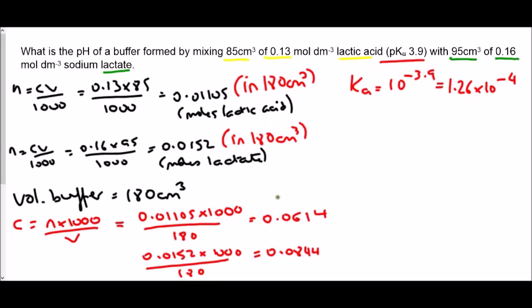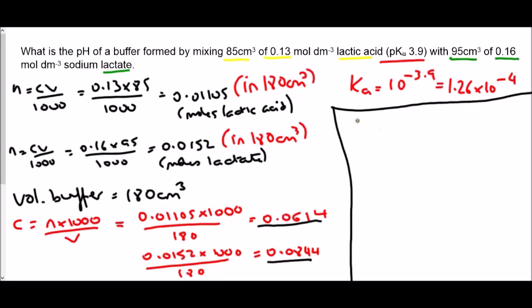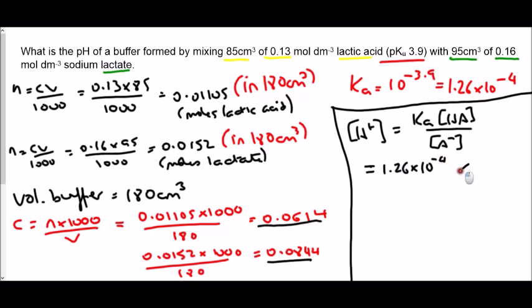Okay, so these are the concentrations that I'm going to use now to calculate the pH of the buffer. Remember, if you're calculating pH, you use that rearranged Ka expression. So let's sub the numbers in. We've got Ka, which we worked out up here, the concentration of the acid, which we worked out down here, and the concentration of the lactate, which is there.